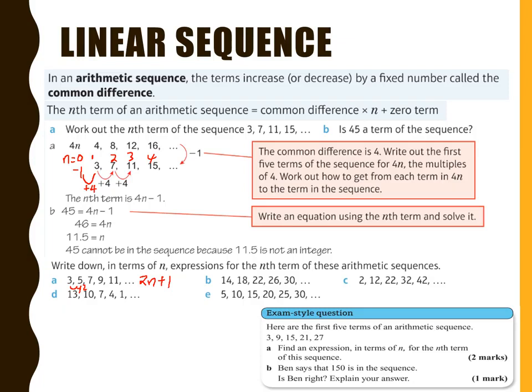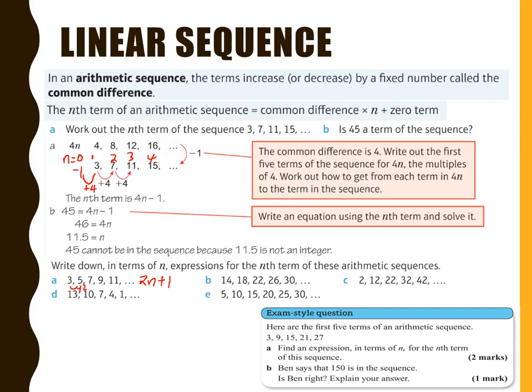Is Ben right? Explain your answer. Even though it's 1 mark, please do not underestimate this, because there are so many reasoning questions in the exam. So all these 1 marks build up. We've just done it, right? If we're trying to find whatever your value is, your nth term formula, then you're equating it to 150, solving it using your knowledge of solving linear equations that we've just done, and then say whether Ben is right or wrong using mathematical terms.